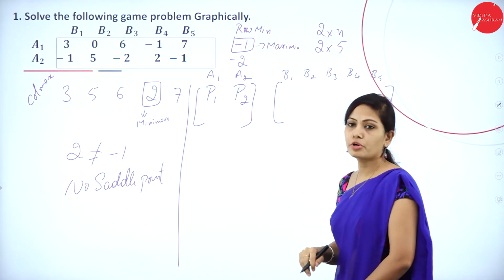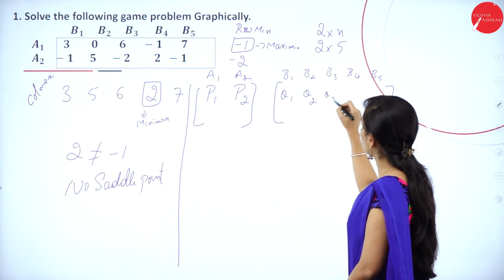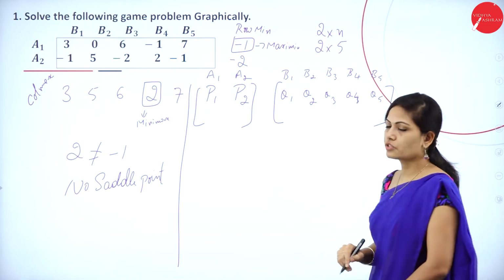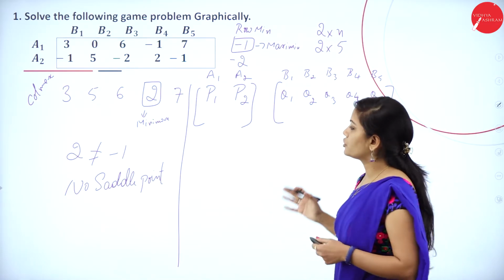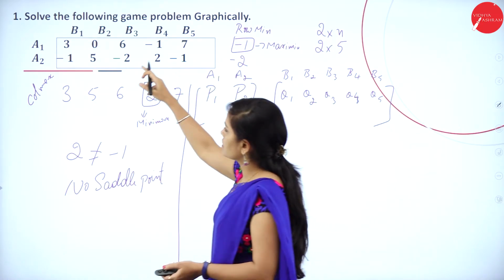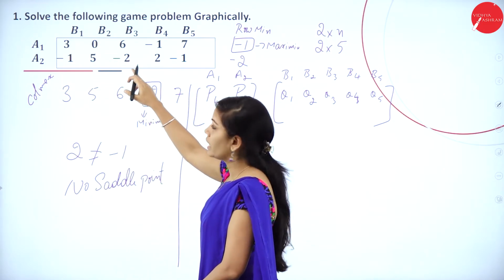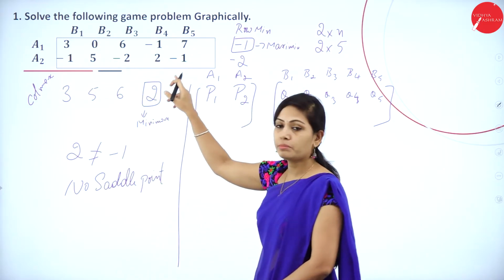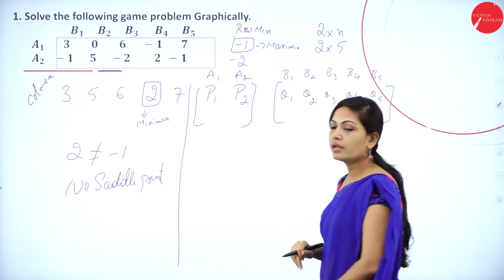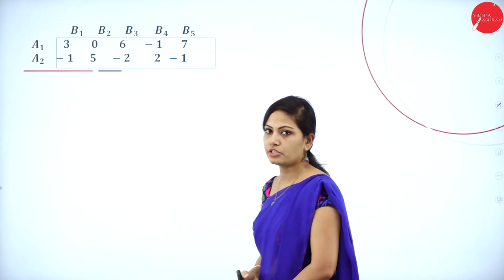We have 5 columns that I will mention as Q1, Q2, Q3, Q4 and Q5. So now in the next step, I will draw a graph. Clear? By using these points, 3, minus 1, 0, 5, 6, minus 2 and minus 1, 2, 7, minus 1, by using these column points I can draw a graph. You can also use graph sheets.